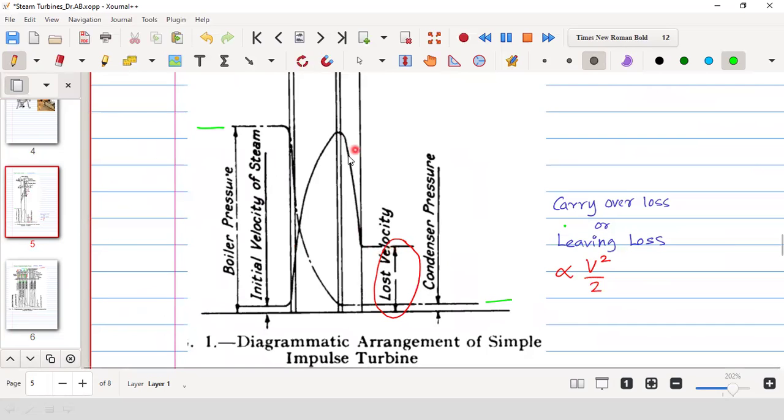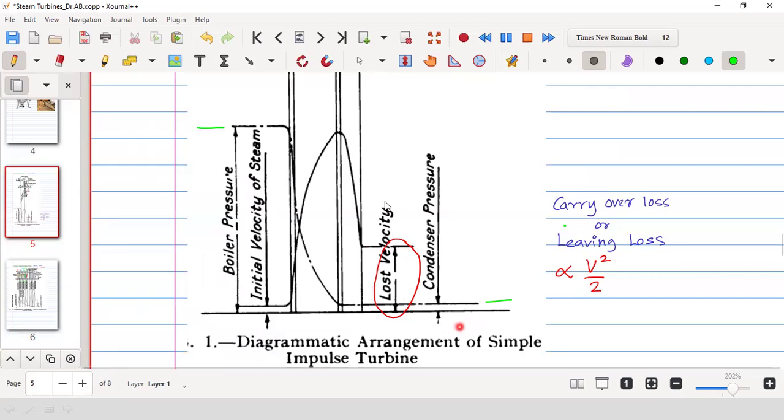Now this will be used in a number of stages for velocity compounding, and in case of pressure compounding this will be conducted in a number of stages or steps. For pressure reduction we know that is done by a nozzle. So if it is pressure compounded, then there will be a number of nozzles, means in all the stages there will be nozzles.